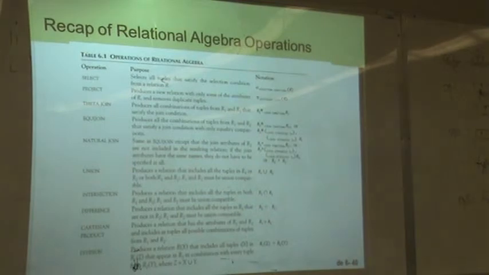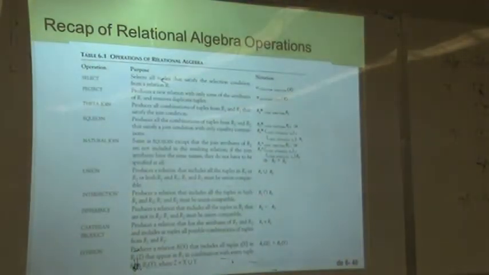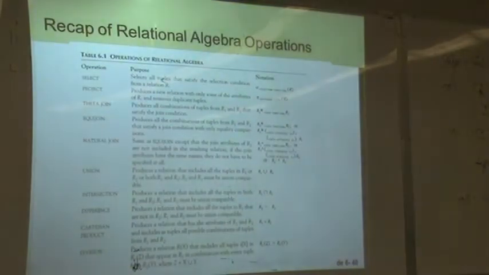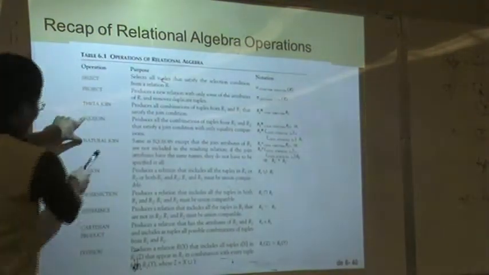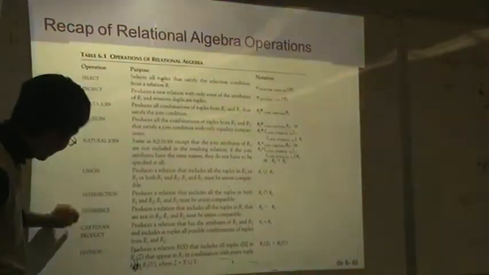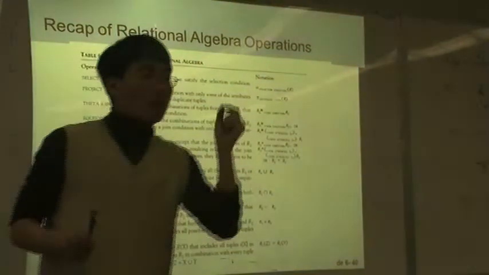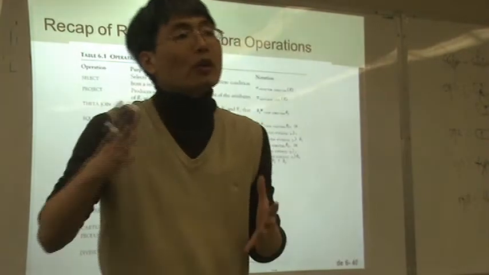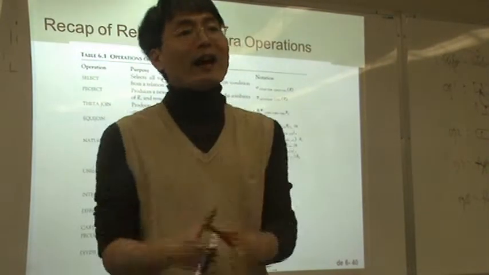At that time, we need operations to manipulate and access such data. For that, we learn select, project, join, equijoin, natural join, union, intersection, difference, Cartesian product, and division. Also, a combination of such a sequence of relational operations will be a relational algebra expression.